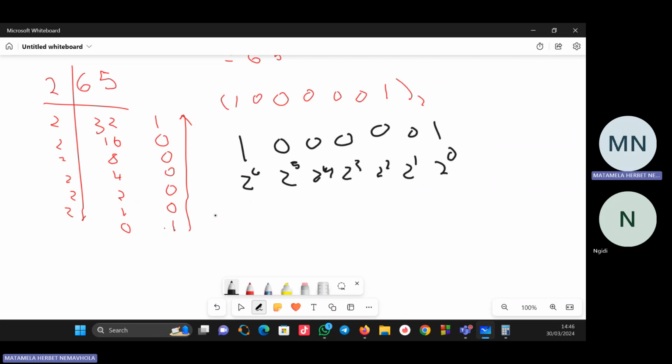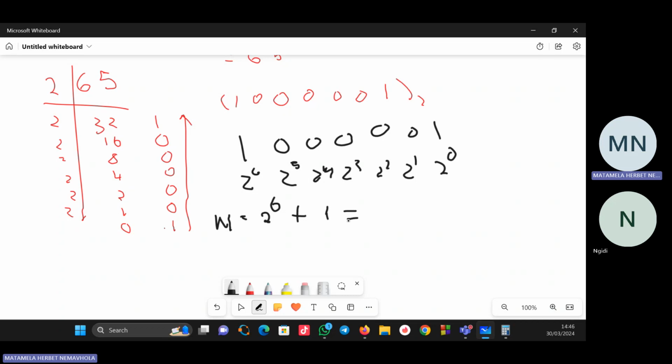Starting here at 6, it's 1 times 2 to the power 6, plus 0 times each of the middle ones, which gives 0, until 1 times 1, which you can write as 1.